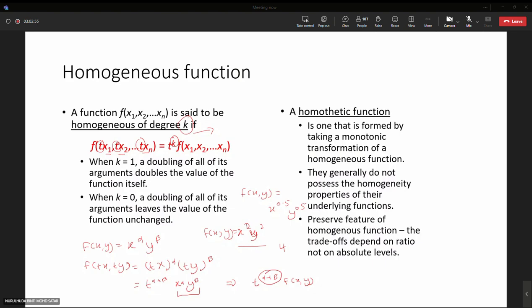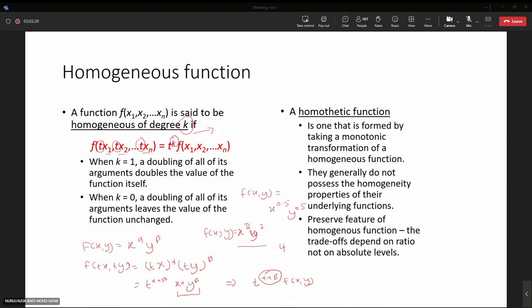What is important here is that for a homothetic function, when we take a monotonic transformation, it preserves the feature of the original function. So what is important when we examine consumers' behavior, for example, right?